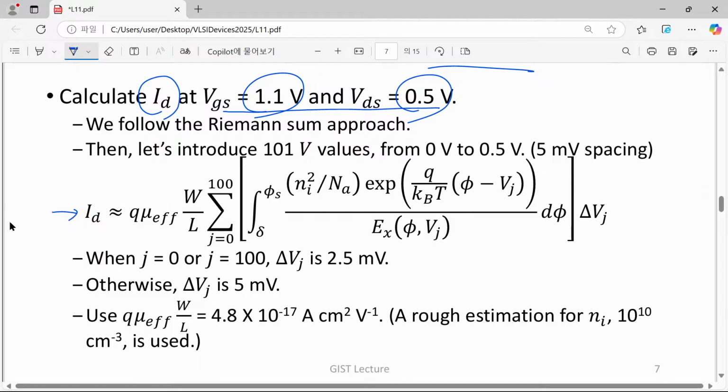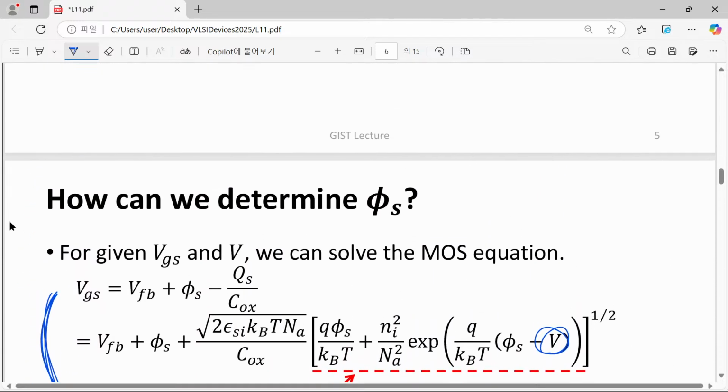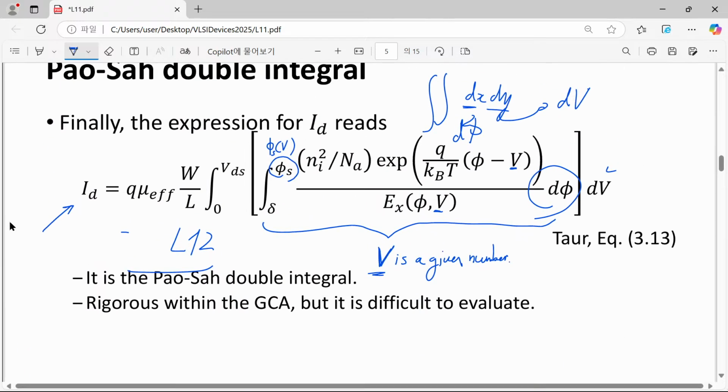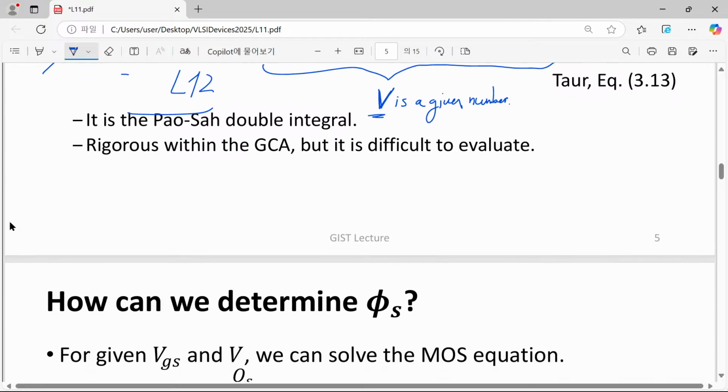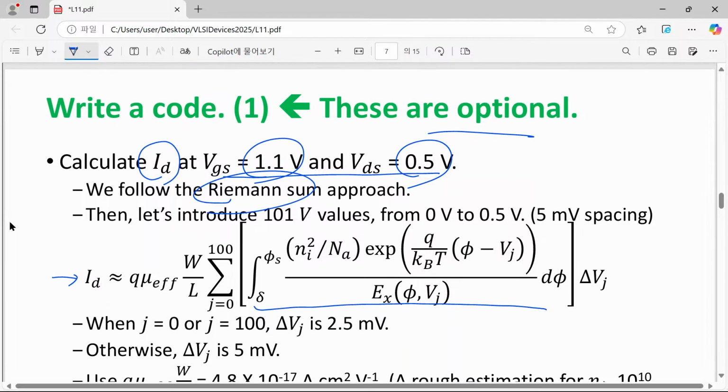There is no double integral. There is only one single integral. And why? In this expression, I converted our outer integral, the V integral, into just a Riemann sum. You can see that here. This is a Riemann sum, and this is corresponding to our dV, and this summation is corresponding to our integral.